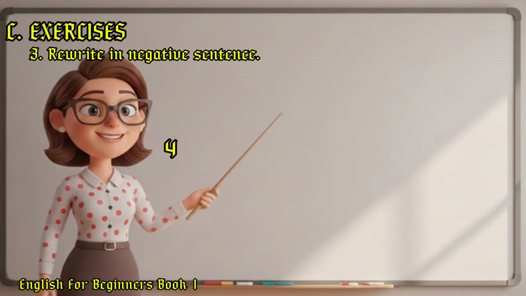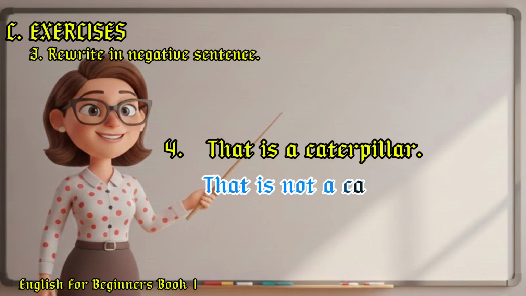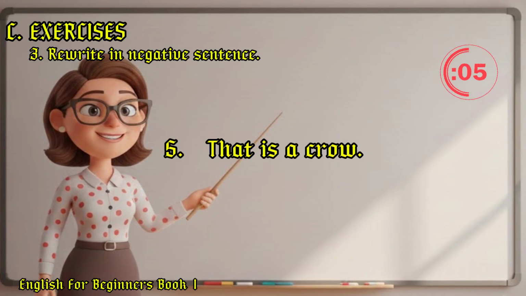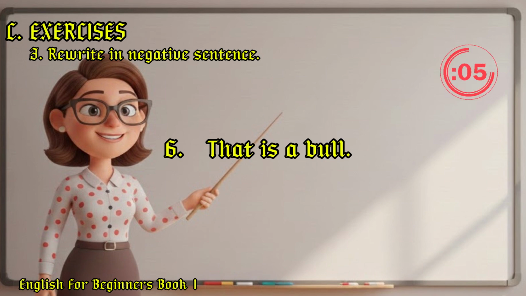That is a caterpillar. That is not a caterpillar. 5. That is a crow. That is not a crow. 6. That is a bull. That is not a bull.